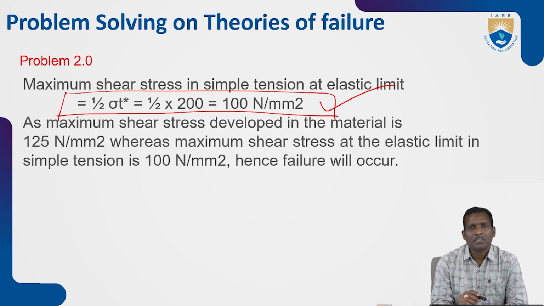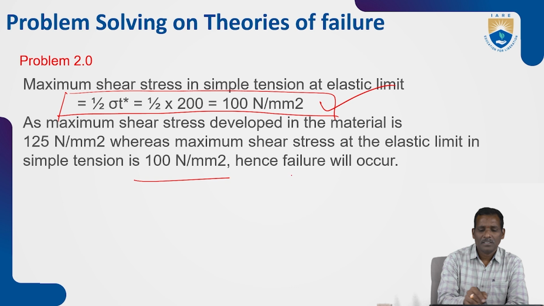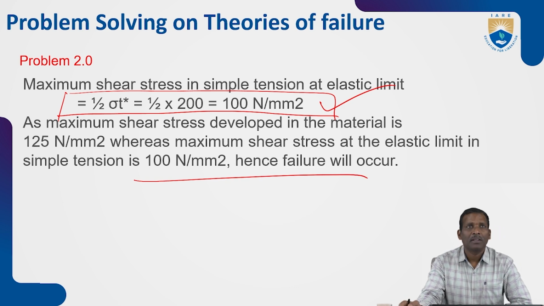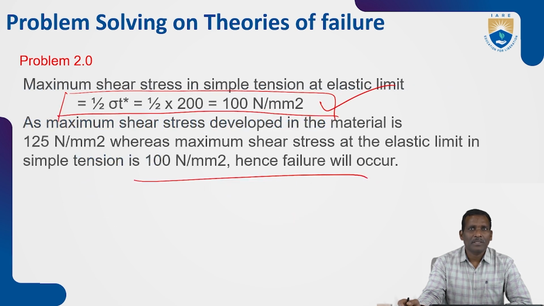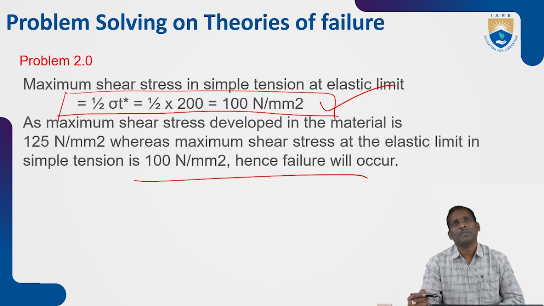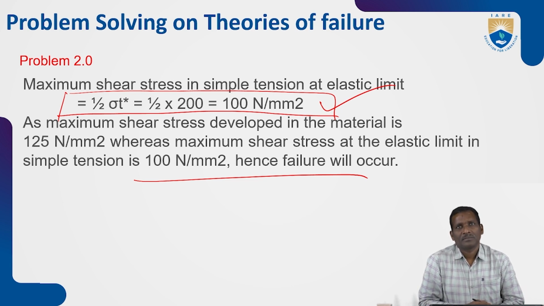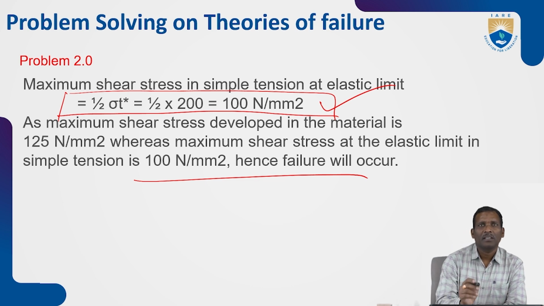So the maximum shear stress developed in the material is 125 Newton per mm square, whereas the maximum shear stress at the elastic limit in simple tension is 100 Newton per mm square. This value is less than the maximum shear stress developed in the material. So hence the failure will occur.